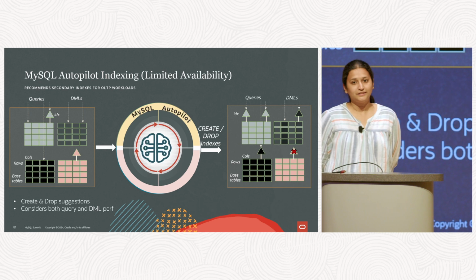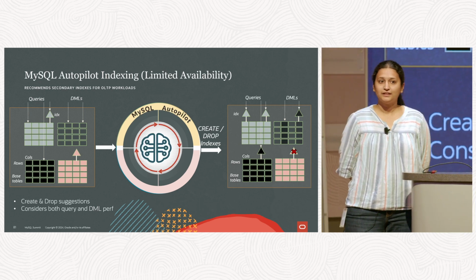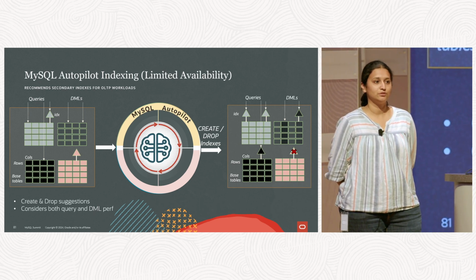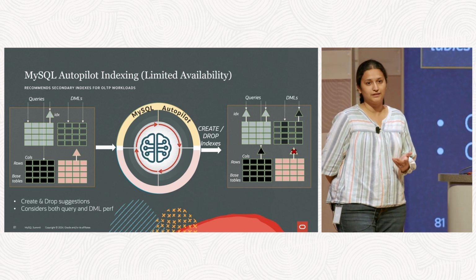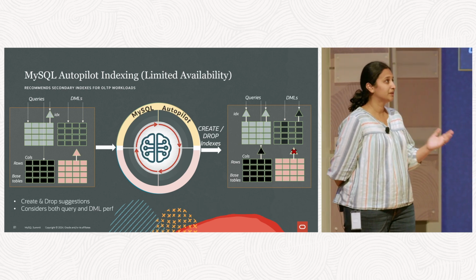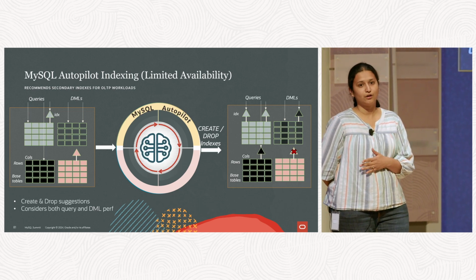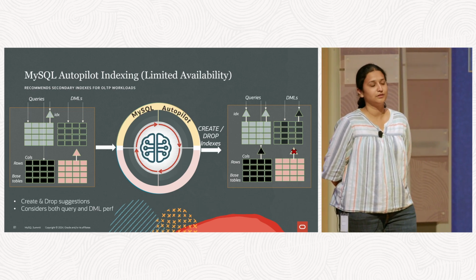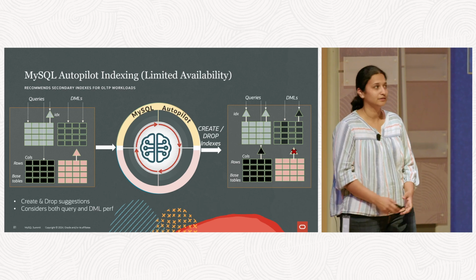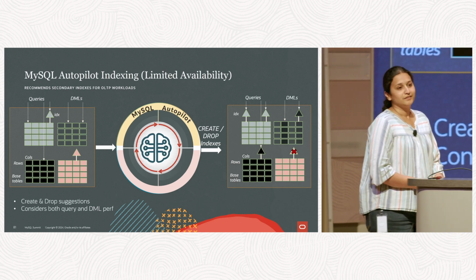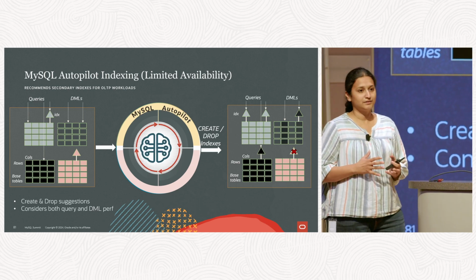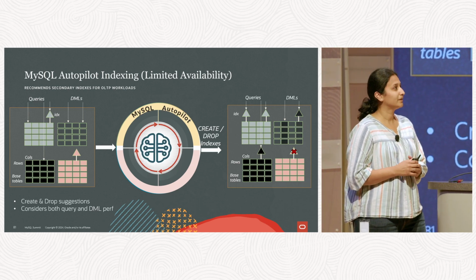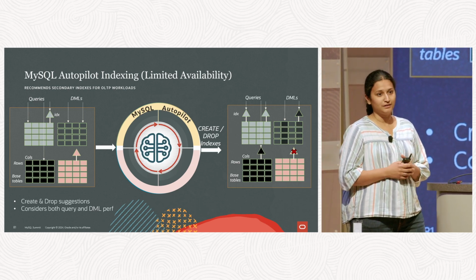Autopilot indexing recommends creating missing indexes. It goes through the workload, and based on the queries in the workload, it finds missing indexes, recommends creating those, and also dropping any unused or duplicate indexes. We have been talking about indexes a lot, and we need to find the right balance of indexes, right?